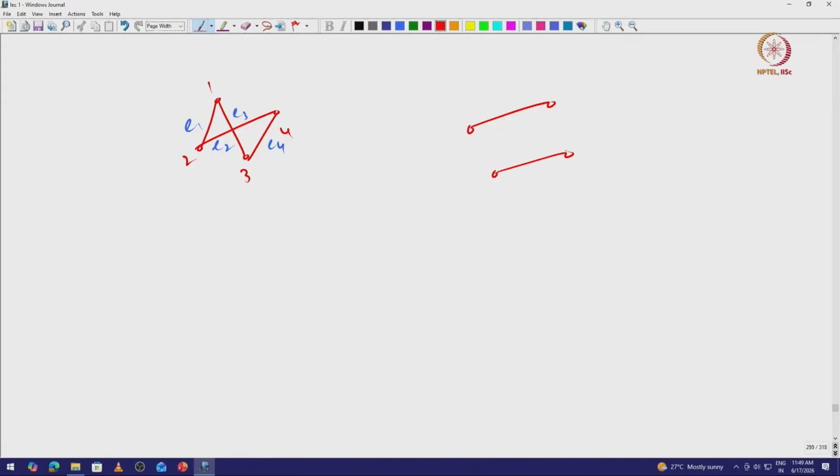Now, instead of connecting 1, 3, this is the same as 1, 2, 3, 4. So, 1, 3 is connected and then 2, 4 is connected and 1, 2 and 3, 4 are connected. So, indeed these are the same graph. This is E1 and this is E3, this is E2 and this is E4, but we have two different ways to draw the same graph.